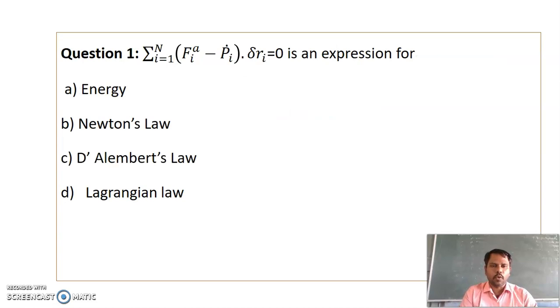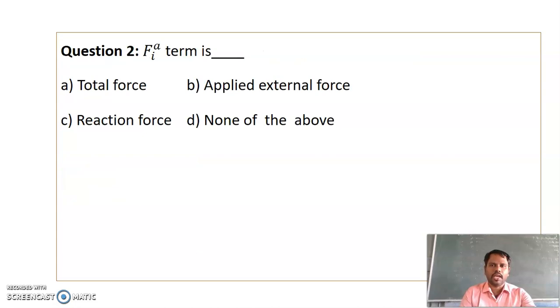Now let's have a small MCQ session. Summation i is equal to 1 to n, Fi^a minus Pi dot, into delta Ri is equal to 0. This is an expression for D'Alembert's principle. So the option is C. Question number 2.